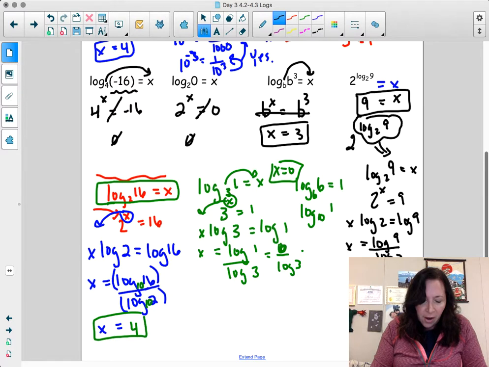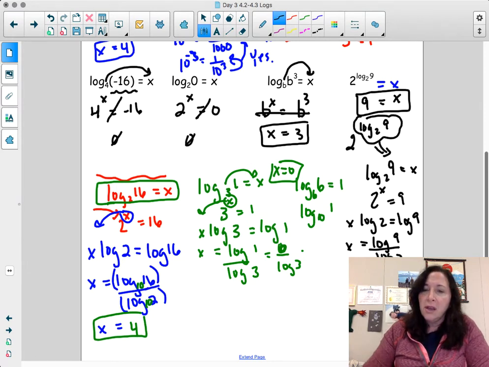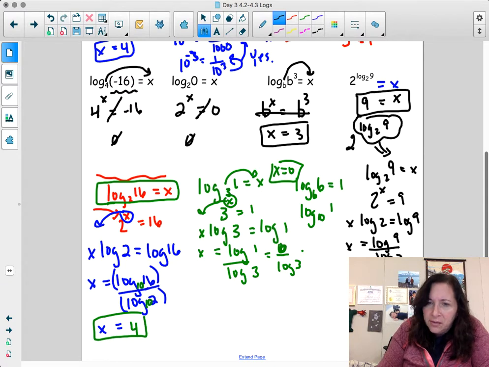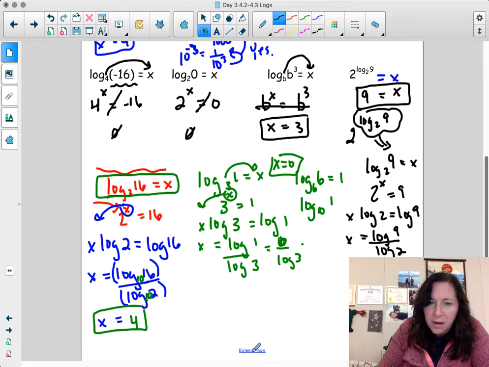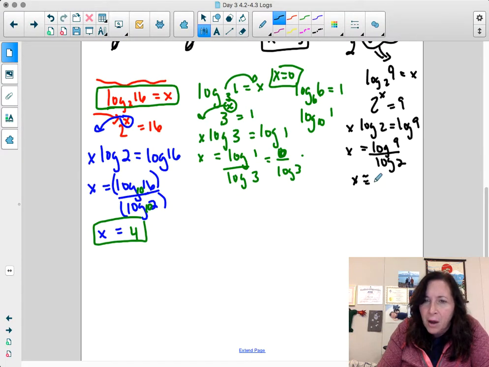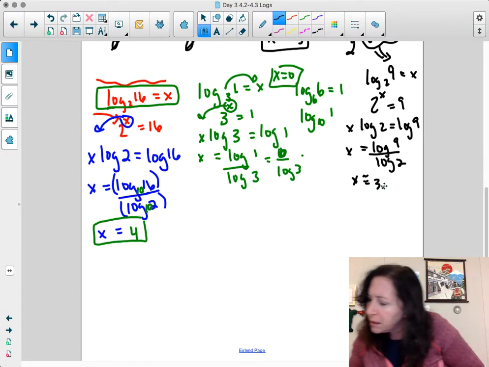So log 9 divided by log 2, and that's going to be about 3.17. So this value is about 3.17.